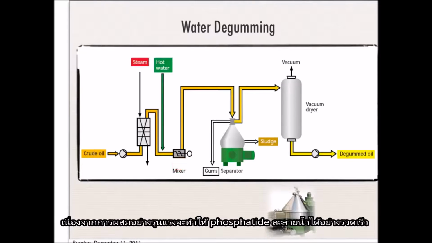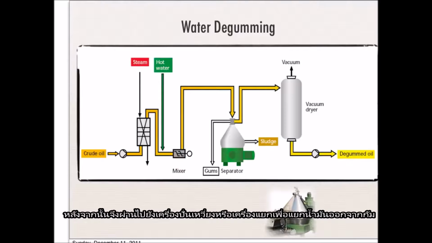Because of the intense mixing, the phosphatides will be hydrated very fast, and after that it will go through the centrifuge or the separator to separate the oil from the gums.